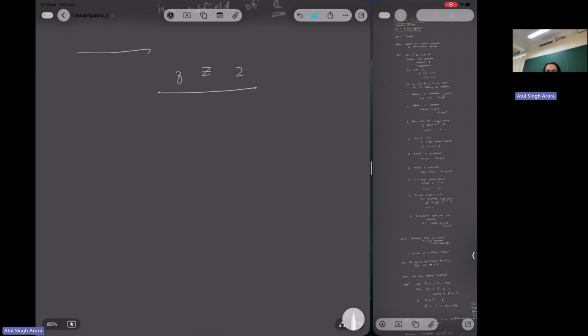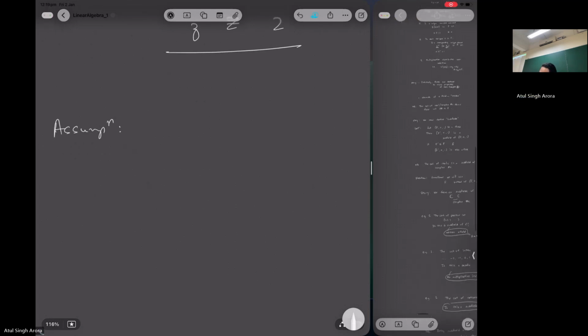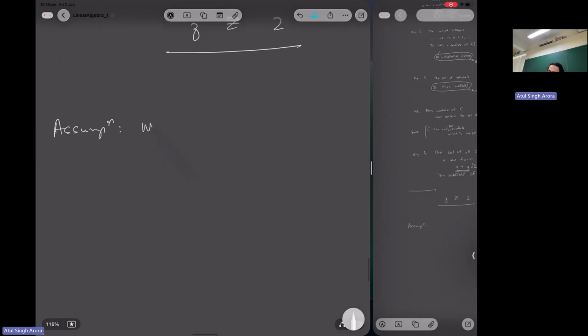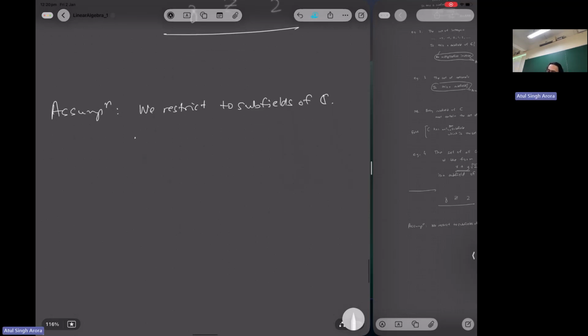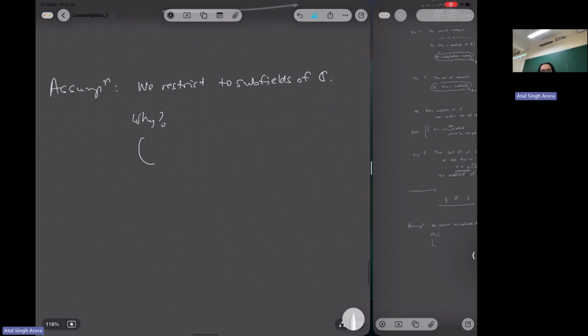So earlier I said something, right? I said we'll assume, remember the assumption. The assumption was that we restrict to subfields of complex numbers. But why? What is the motivation behind doing this? It turns out, and this we'll not dwell into too much, that there are things called fields of characteristic n.